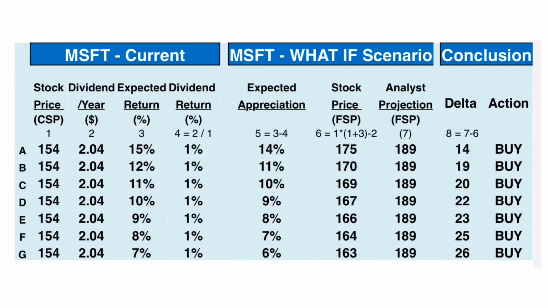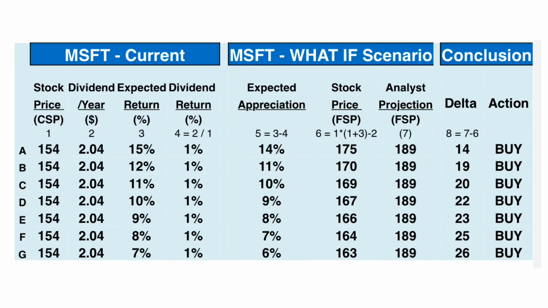Now, let's take a look at Microsoft. Microsoft stock is trading at 154, in the first column, you can see, and then the rows A, B, C, D, E, F, G. And they're paying a dividend of $2.04. So the return from dividend is about 1%.